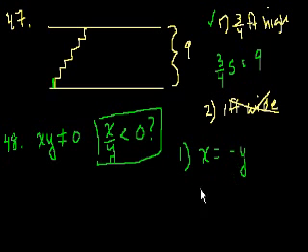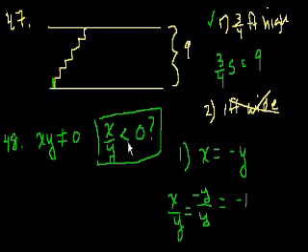If x is equal to minus y, then x over y is minus y over y. And we know y doesn't equal 0, otherwise this would be undefined. So this is equal to negative 1, which is definitely less than 0. So that proves our statement. Statement 1 alone is all we need.